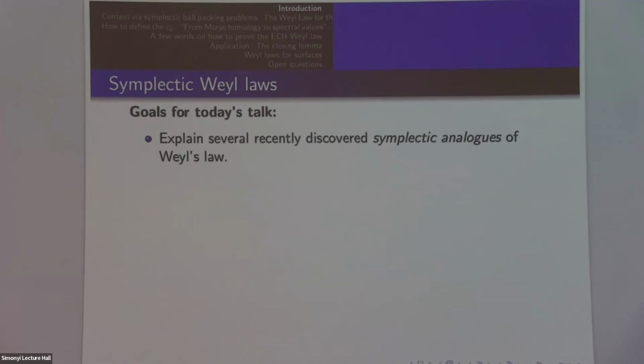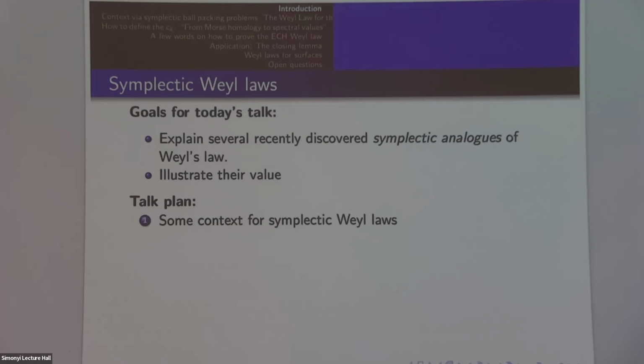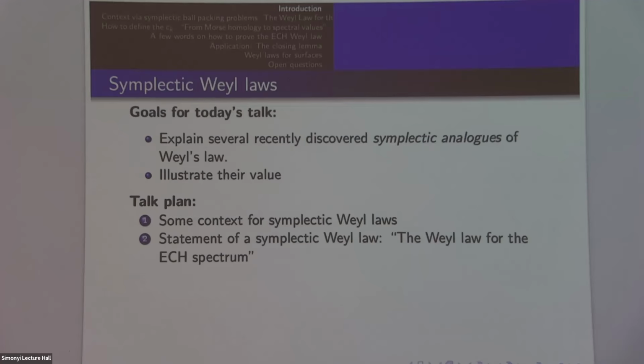More specifically, I'm going to start with some general context for one question that maybe we still don't completely know the answer to: why should there be Weyl laws in symplectic geometry? Part one will give you some context for why you might expect that there should be. Then I'm going to state one for you. There are several that we have, but maybe the most accessible one is the Weyl law for the ECH spectrum. So we're going to talk about that.